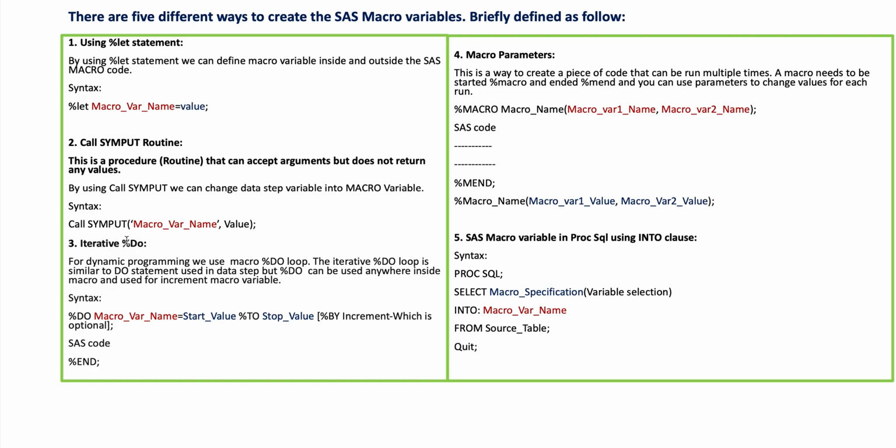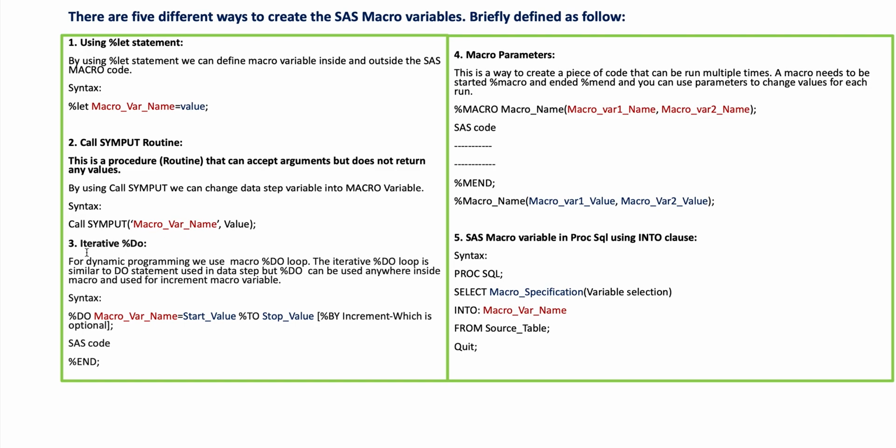Call symput, inside parentheses we have to provide macro var name, that means the macro variable name, which should be inside quotes, comma, and value. That means the macro variable name is the first part, and the second, value, represents the value of this macro variable.